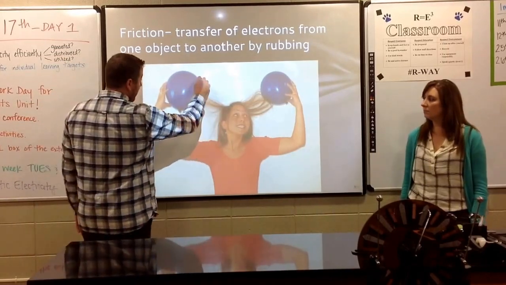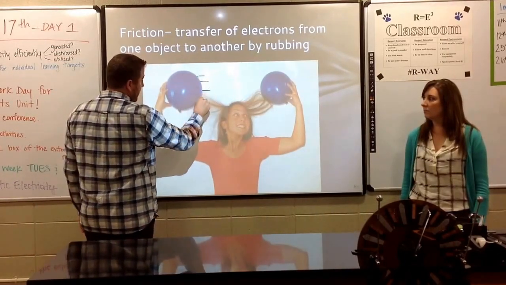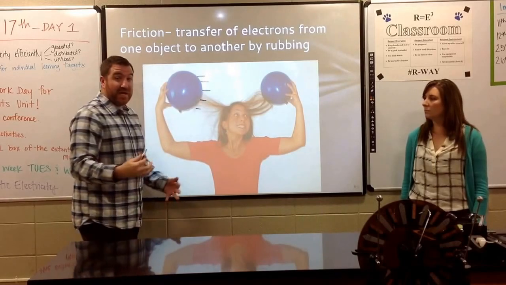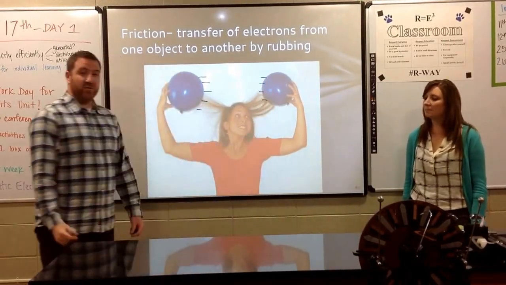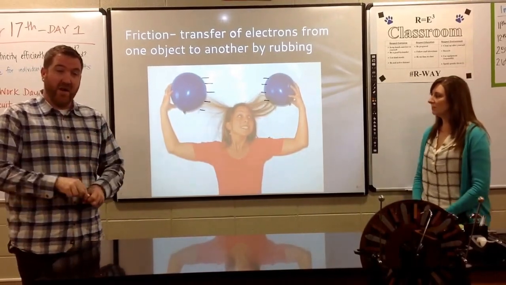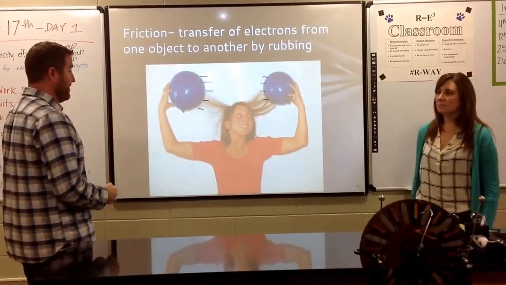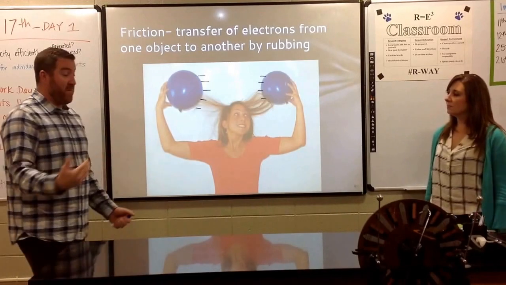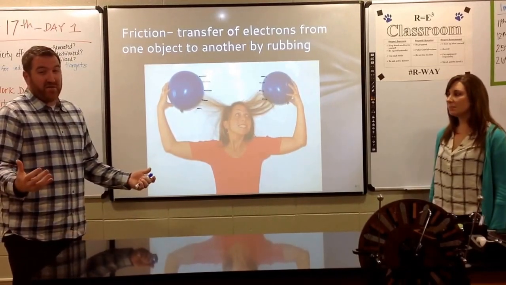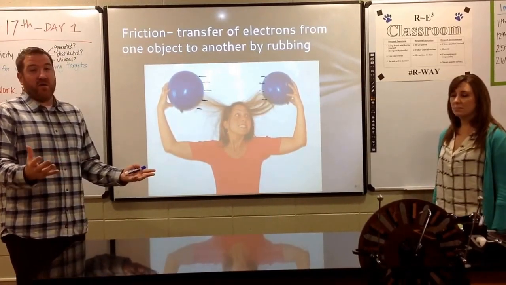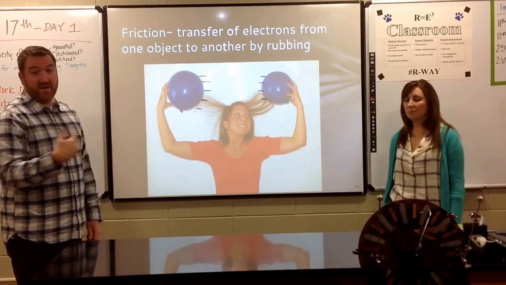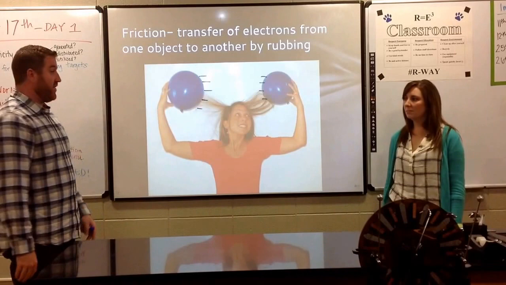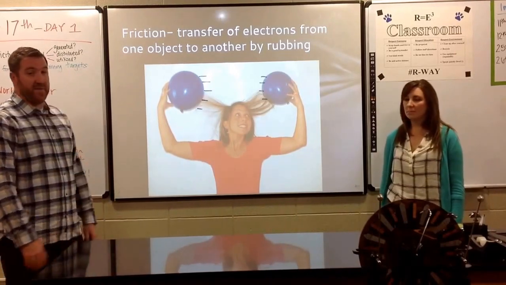So, essentially we're adding more negative charge to each of these balloons, which causes them to stick together with her hair, which becomes a little bit more positively charged. Remember that law of conservation of charge. We can't kill the charge. We can't destroy it either, which means we're simply going to pass it from one object to another, and friction is one way of doing that.